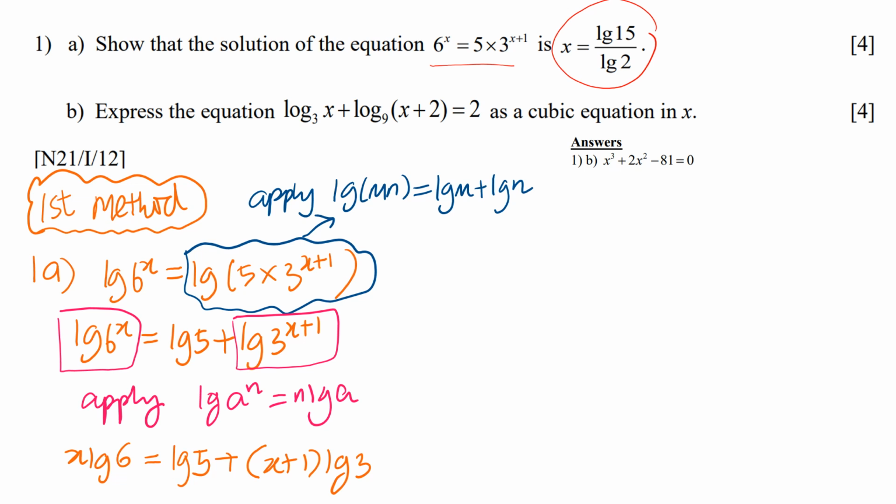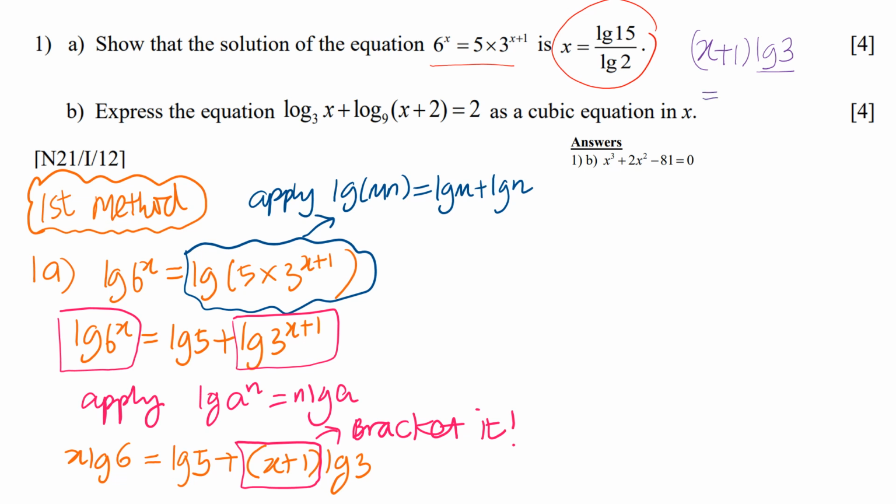log 3. The very important thing to take note of is, yes, you need to bracket your x plus 1. It's very important that you bracket the x plus 1, because if you don't bracket it, this is what happens. If you bracket it, it means we are getting log 3 to multiply with both terms, x plus 1.